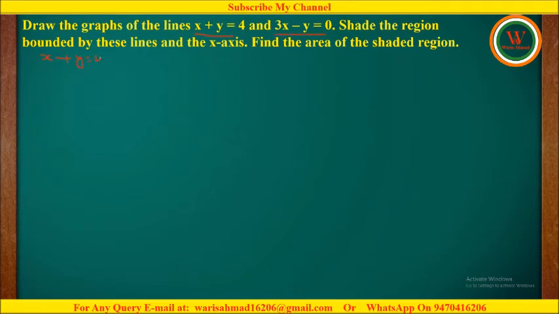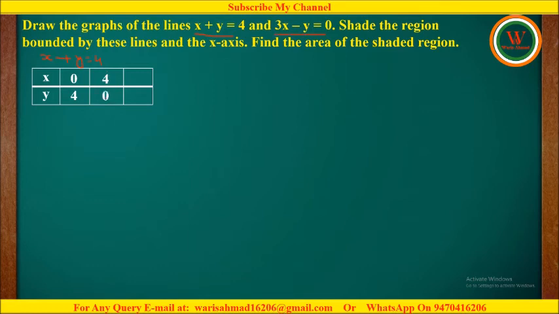After that, we have to find any 3 solutions of this equation. For that, we have to take a table, and in the first column we write x and y. Then we put any value of x to get the value of y. If we put x equal to 0, then y will be equal to 4. If we put x equal to 4, then y is equal to 0.